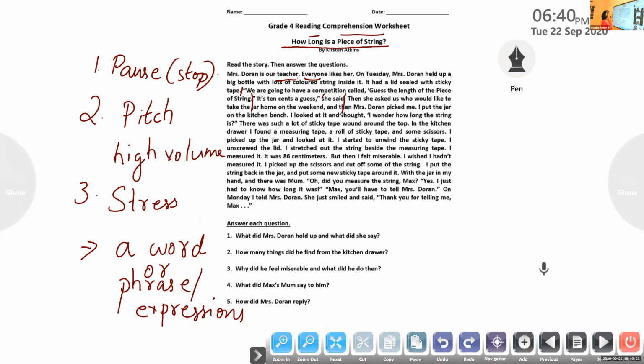I'm not saying anything. I'm just murmuring. I told Gopika, Parvati, and Amrita to take three sentences. So till here, the triplets can handle. And Behaja, this is yours. Then she asked us who would like to take the jar home on the weekend. And then Mrs. Doran picked me.